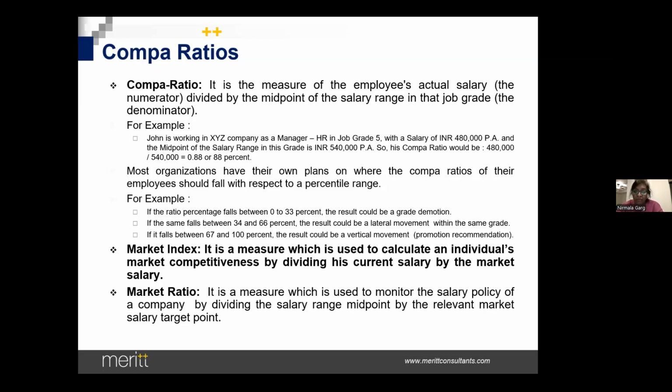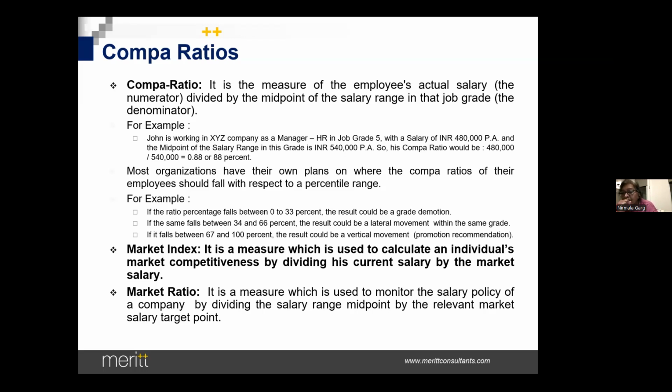So when I calculate the comp ratio, especially during the annual increment, I get an understanding. If two people are working in the same role, A's comp ratio is 90% and B's comp ratio is 110%, and both have got the same performance rating, what do I get to know about it?